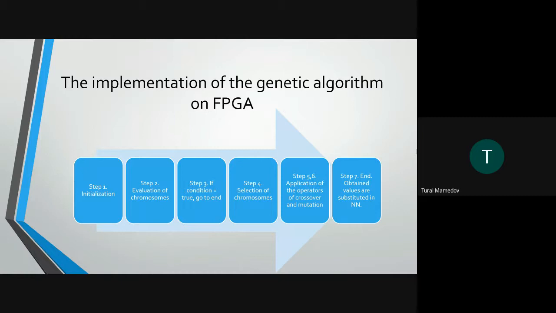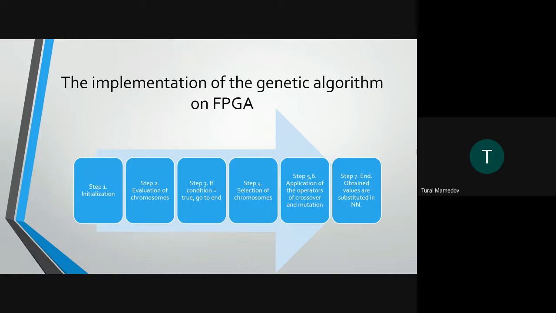The values of the fitness function are calculated, and they take into account the error and network complexity. This function actually defines the difference between the obtained network output and the required one. And the third step, if one of the values satisfies the problem's condition, then go to step 7.